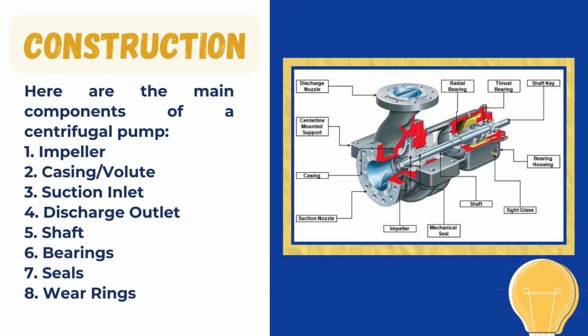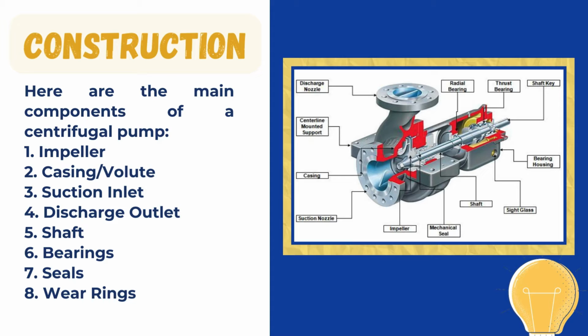Okay? Guys, now the next component which we are going to discuss is bearings. Bearings support the shaft and allow it to rotate smoothly. They help to reduce the friction between the shaft and the stationary components, thereby minimizing wear and ensuring efficient operation of the pump.